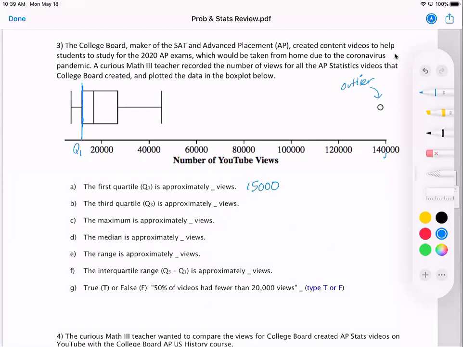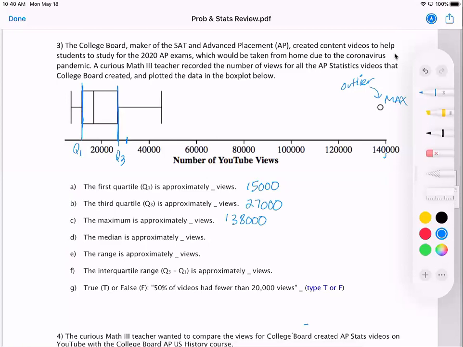The third quartile is this number. So I would guess that might be about 27,000 views is the third quartile. The maximum, that would be the outlier here, is maybe 138,000 views.